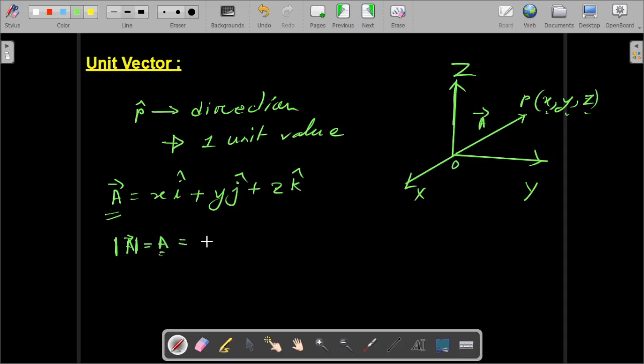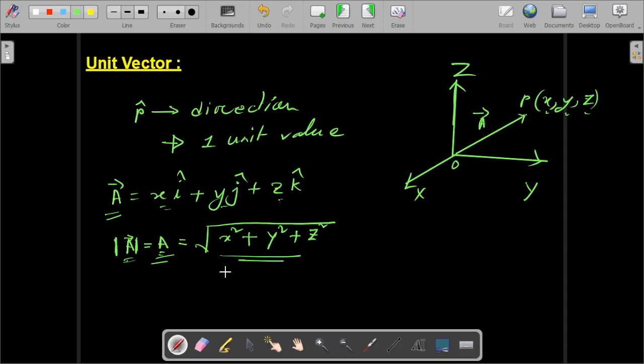How can we find it? Simply take the square root of the sum of the squares of x, y, and z values. Take squares of them and take the sum of those squared values. And take square root. This gives the value of the vector a.